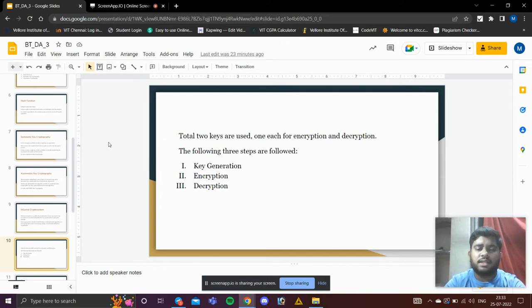In the key generation, a large prime number P is selected, then a decryption key or private key D is selected, then a second part of the encryption key or public key is selected, then calculation is done for the third part of the encryption key, and the public key formula is given by E1, comma E2, comma P, where private key is D, and then respectively the encryption and decryption follows.